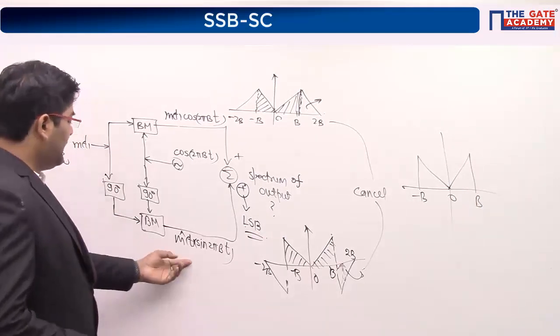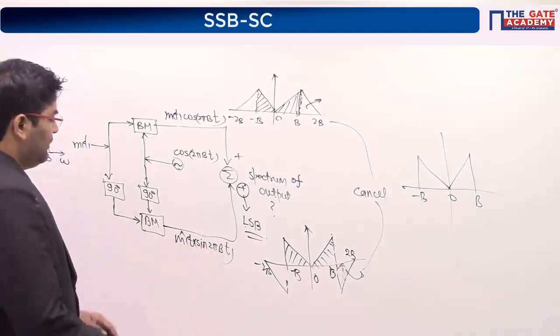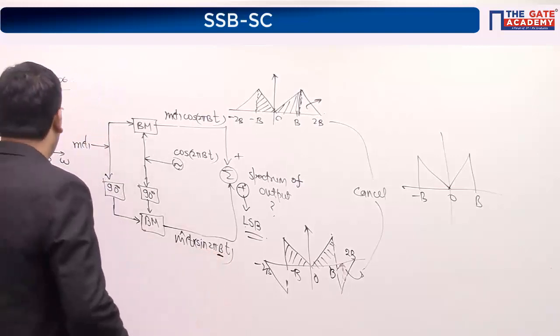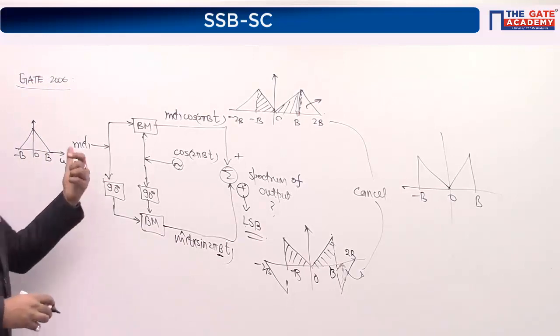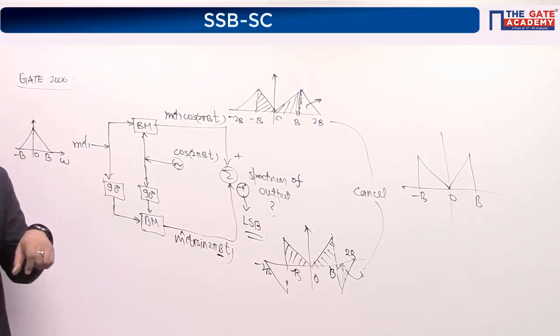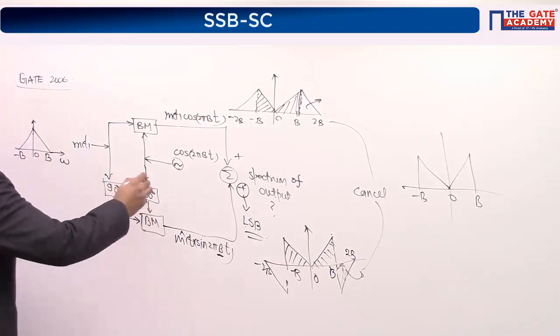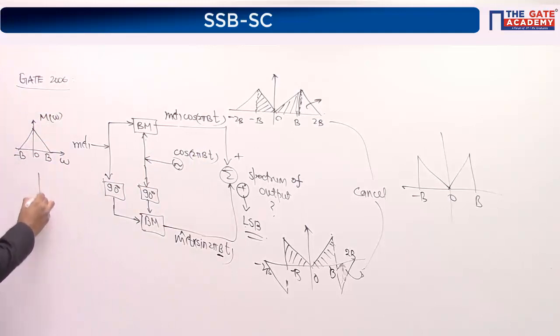So what is happening here? If you take m hat(t) sin 2 pi bt, it will anyway shift by b. But what is going to happen? For the positive frequency, it will switch back, right? It will be something like this. If this is M of omega, how will m hat omega look?